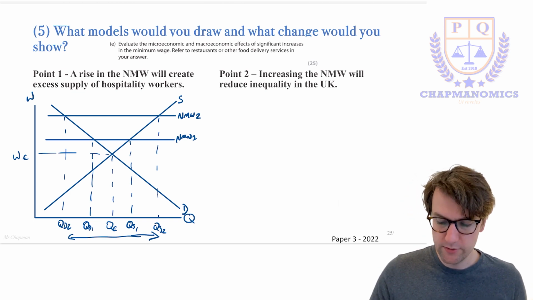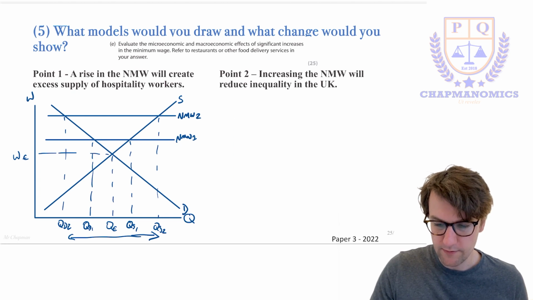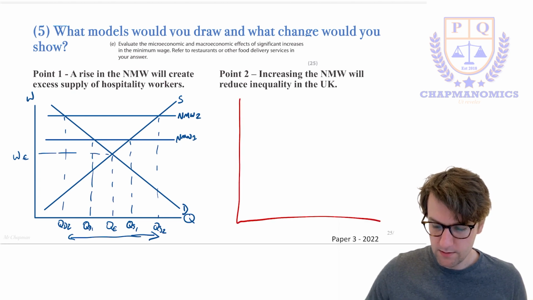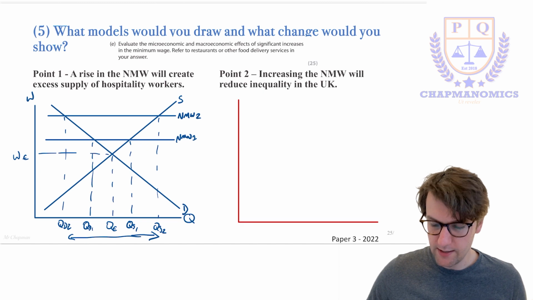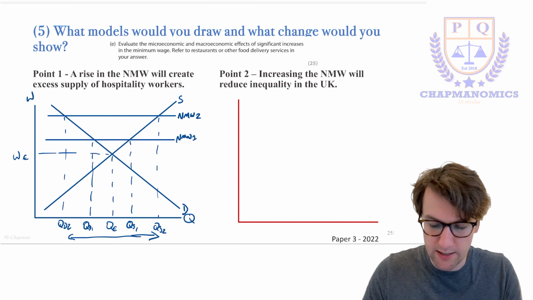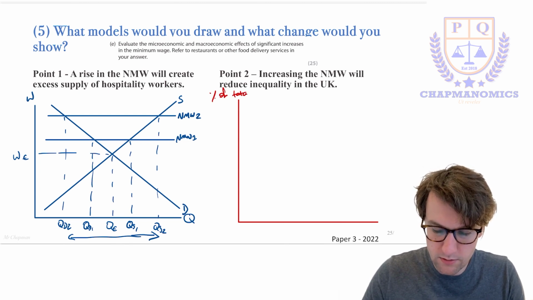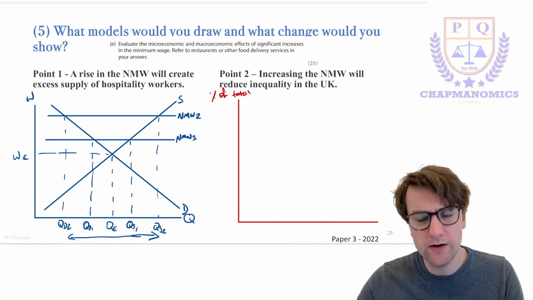The second one: increasing national minimum wage will reduce inequality in the UK. Let's do this in a different colour. Now, the only model I can think of to draw here, the only one I know about inequality, is our Lorenz curve. So therefore, we're going to have the percentage of total. Now, we have a choice here. It's either total wealth or total income.